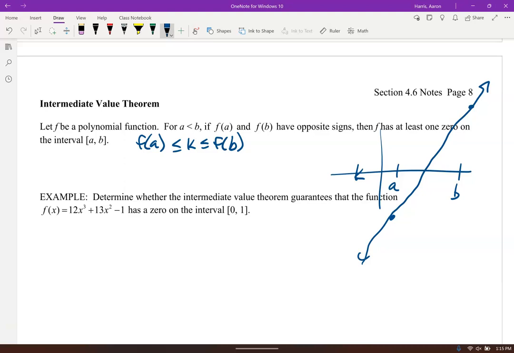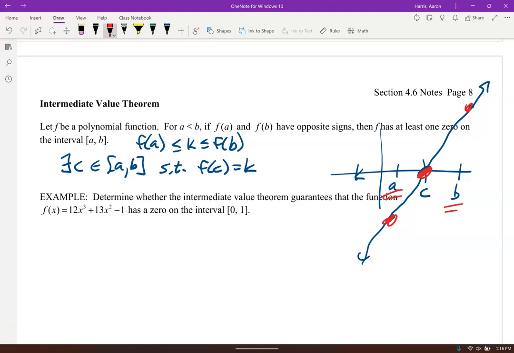Then what the intermediate value theorem says is there must be some c value in between A and B such that f of c equals k, right? That's the c value right there, somewhere in between there. So if I'm going from a negative to a positive, I've got to cross. I must have a 0 somewhere between A and B. Does that make sense? And same thing if it goes from positive to negative.